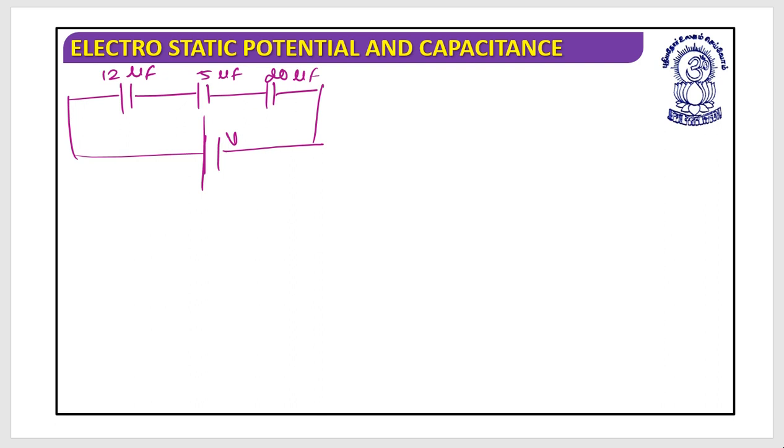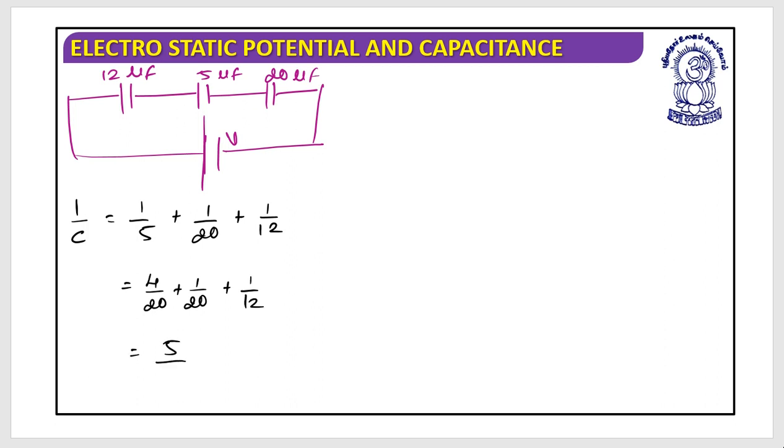So when I find the equivalent, what I have is 1 by C equals 1 by 5 plus 1 by 20 plus 1 by 12. So what I can have is 4 by 20 plus 1 by 20 plus 1 by 12. It's 5 by 20 plus 1 by 12. So it's 1 by 4 again.